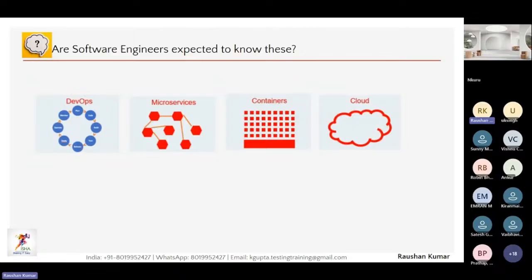Do you think we should know about microservice architecture, how different it is from monolithic applications? Do you think we need to know the containers? How do we deploy applications in the containers rather than the VMs? Earlier we used to deploy in the VMs, but nowadays we're deploying on the containers. Why we're discussing about Docker, Kubernetes, and the cloud part where we use as a hosting, right? We get all the infrastructure, servers, storage, and a lot of other things in the cloud. So do we all agree?